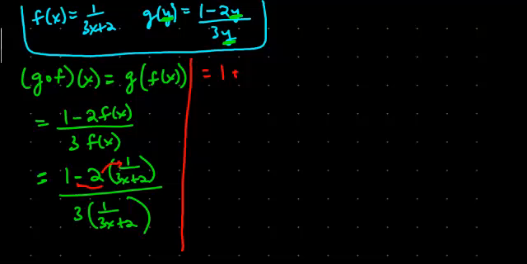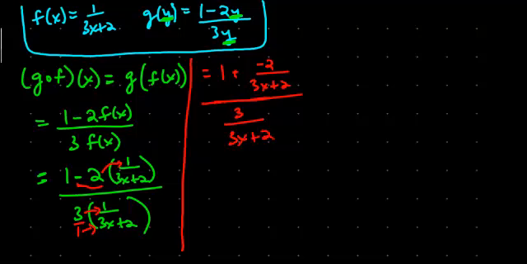So 1 plus a negative 2 over 3x plus 2 divided by, this 3 multiplies straight across, 3 over 1, 1 goes to the bottom, so it's going to be 3 over 3x plus 2.